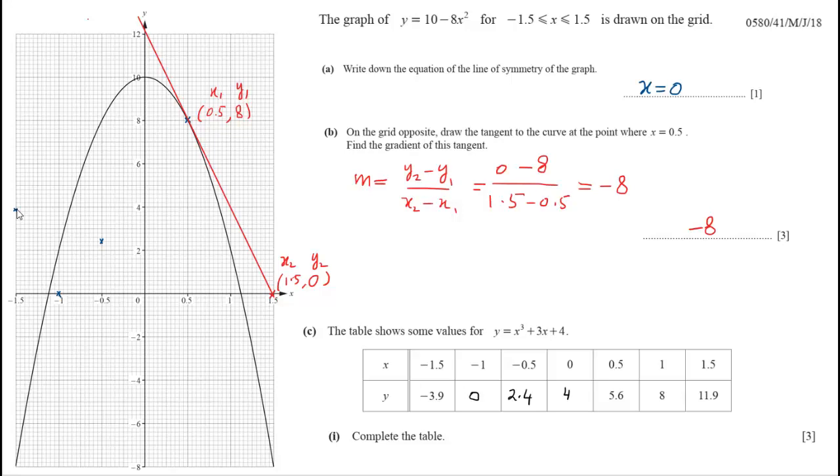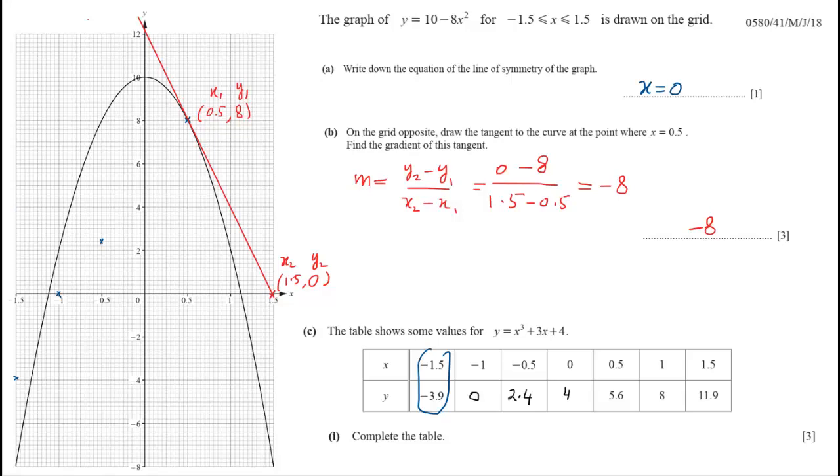Am I right? I think I made some mistake. It is minus 1.5 and minus 3.9, and minus 3.9 will be over here. So this is not correct. Let me remove this. Okay, now it's correct.